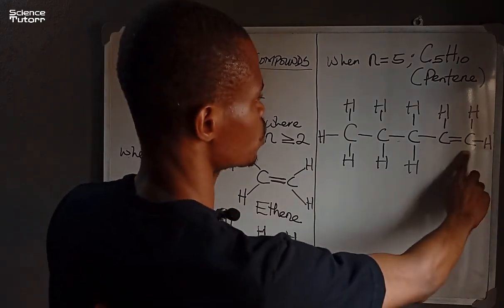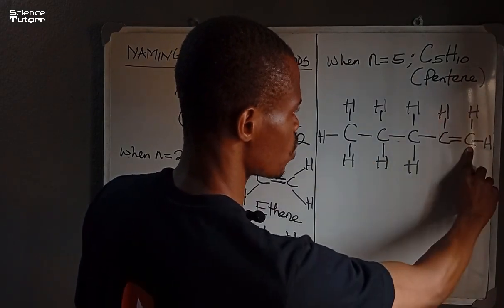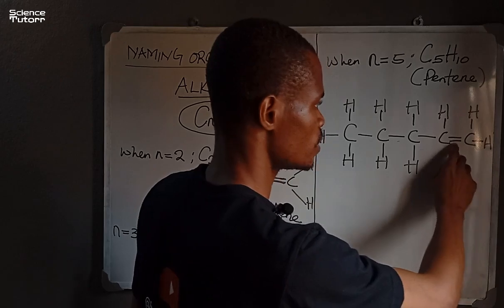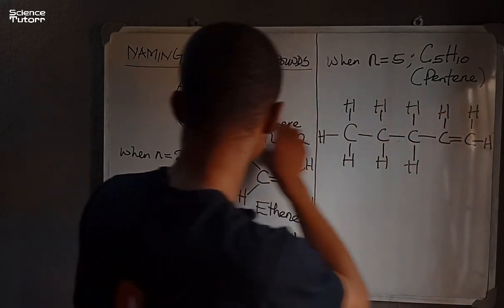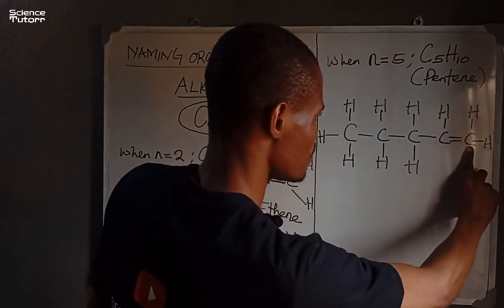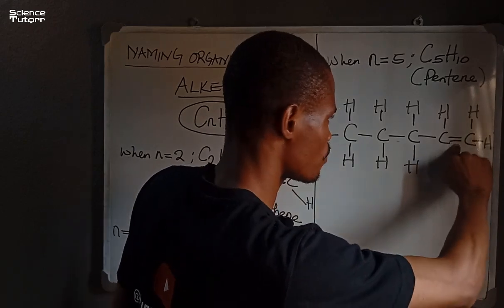Now take note, this could also be called pent-1-ene, because where we have the ene, the family that represents the homologous series, the ene is at the first carbon atom, in this case, this one. So at one, I simply have the double bond.